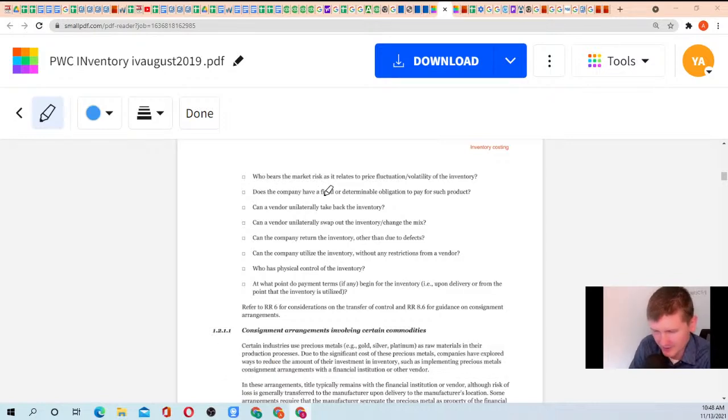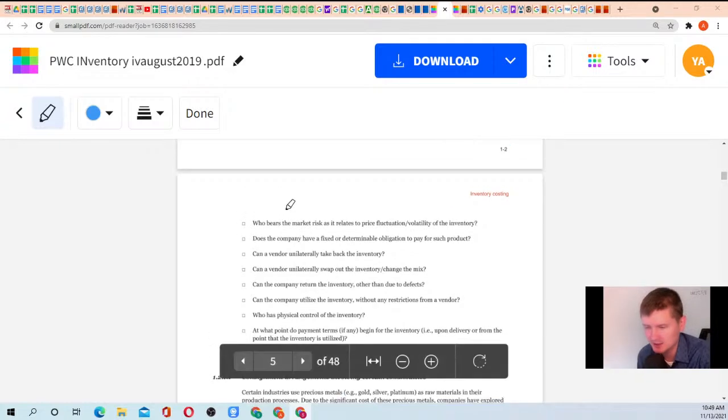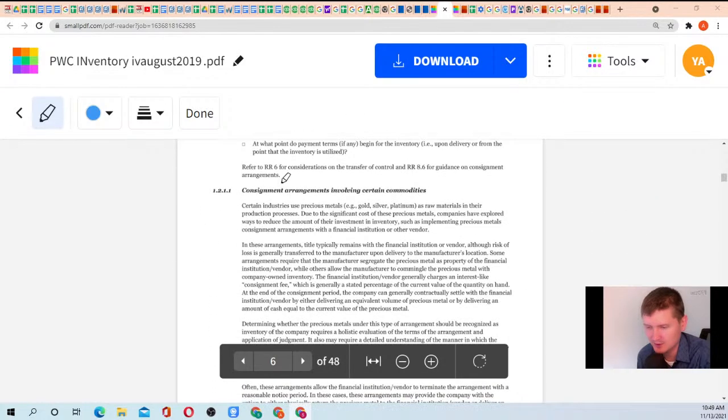Does the company have a fixed or determinable obligation to pay for such product? For example, again, if you get some product in your warehouse, but title hasn't passed yet, but you know that it will happen soon and you sell these products anyways, that might indicate that you have to recognize that inventory.